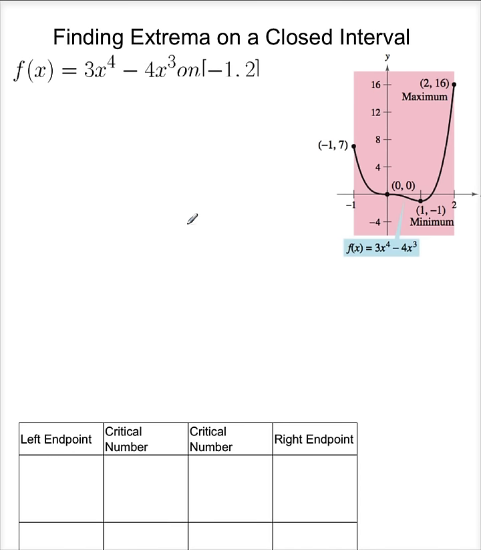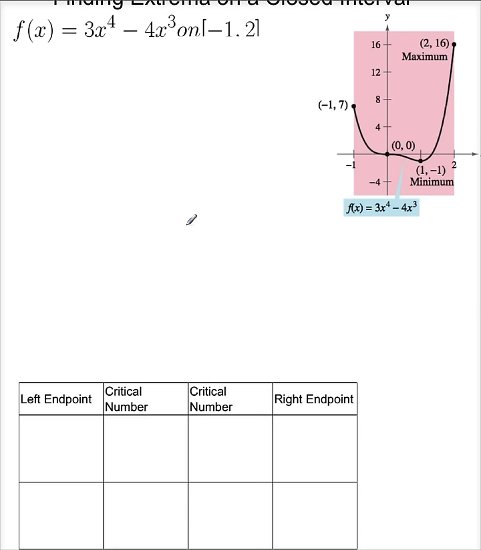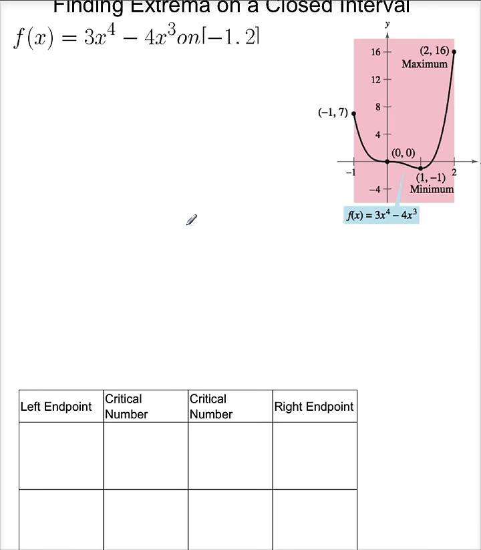Suppose we're trying to find the extrema of 3x to the fourth minus 4x cubed on the closed interval minus 1 to 2. First thing you need to do is find the critical points. So f prime of x is 12x cubed minus 12x squared. Now you need to set this equal to 0.